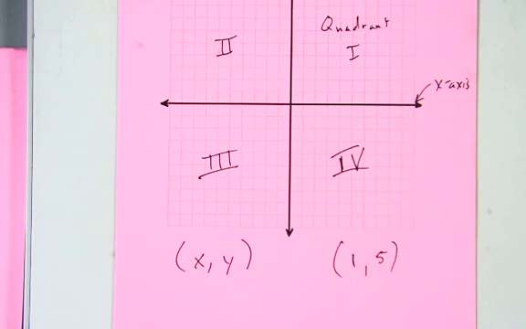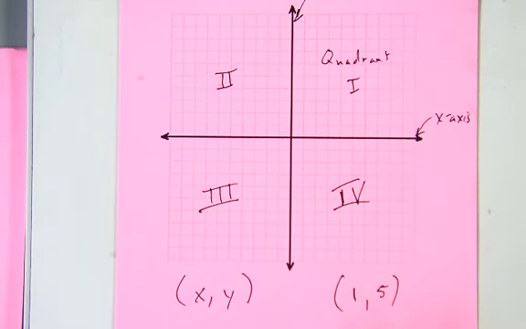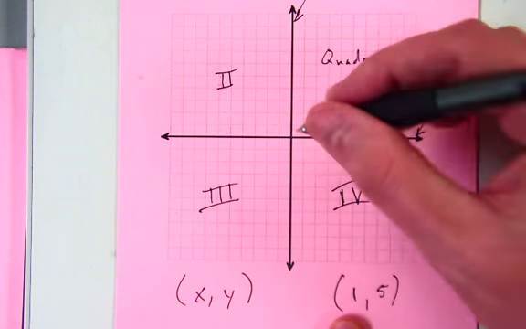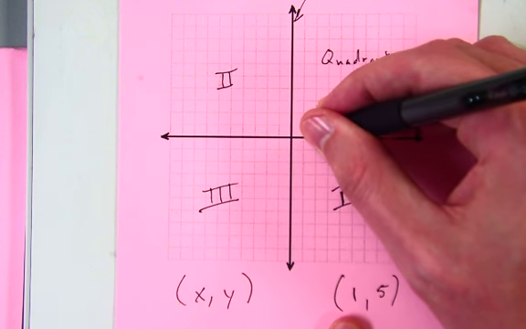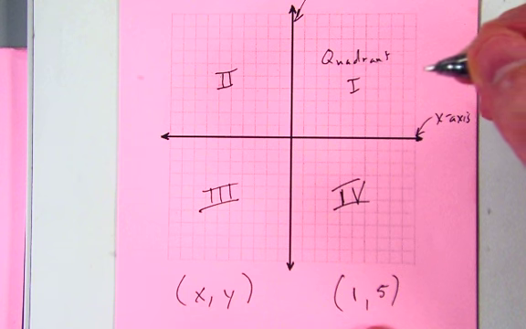The x value is going to tell us how far to go along the x-axis to get to the location of our point. Since in this example our x value is 1, we're going to go 1 unit to the right. Don't mark yet though, because you're not done. You need to take both of your coordinates into account before you're ready to mark.